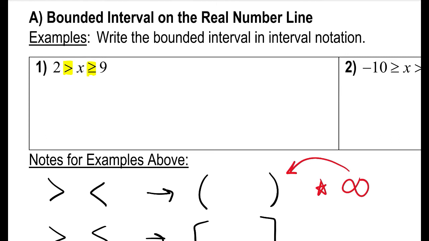The inequality symbols let us know whether we use a bracket or parentheses. So on the first one, because it is not underlined, I'm going to have parentheses and the smaller number 2, always put a comma, and then the larger number 9, and because we are underlined, I'll use a bracket. And that's my answer. That's all we're doing.